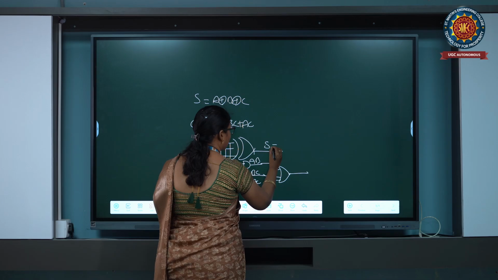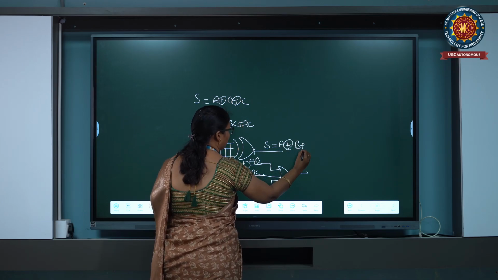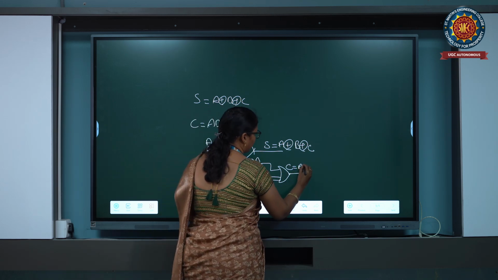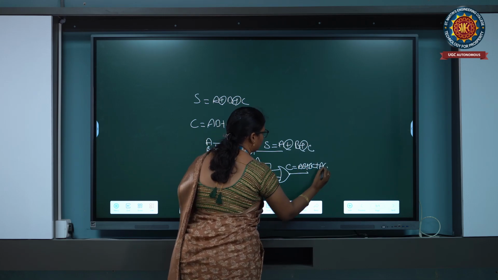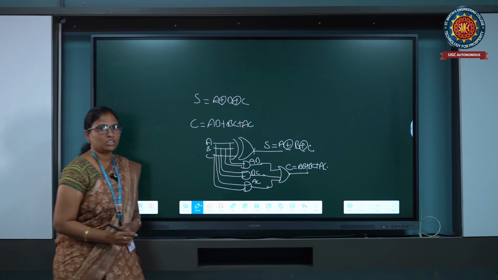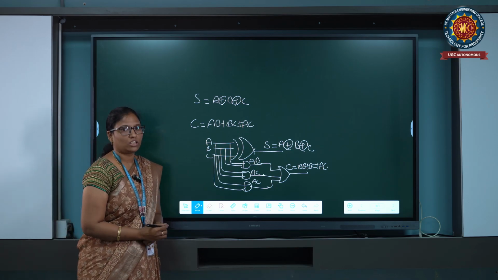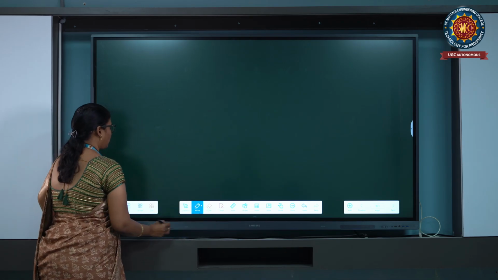So the sum is generated as XOR operations of the input variables, and carry we have is AB plus BC plus AC. In this way, we can generate the circuit diagram using the truth table, using the 3 variable K-map.